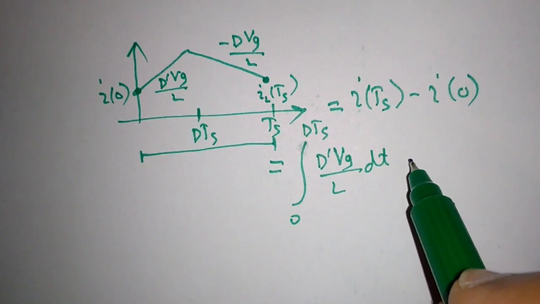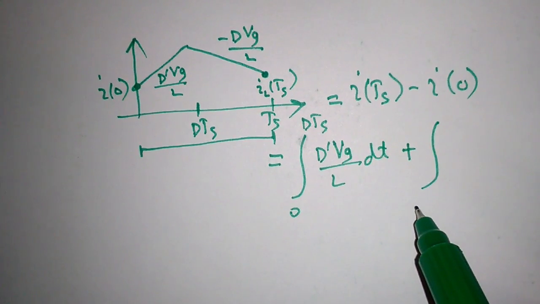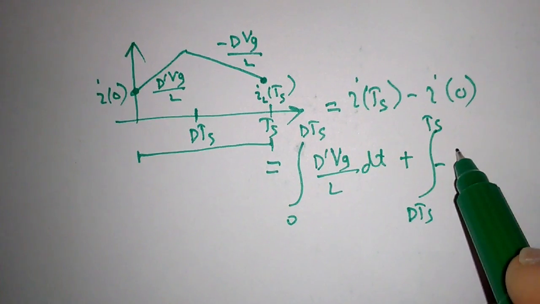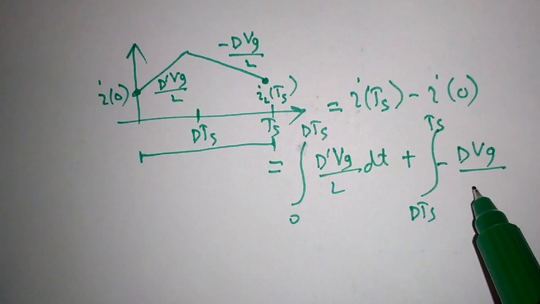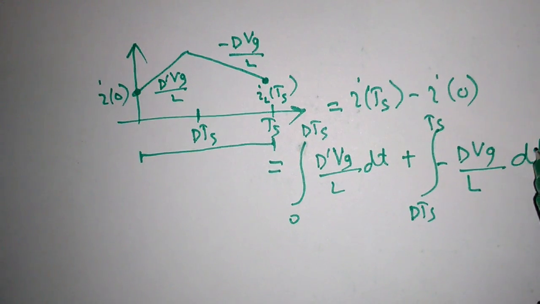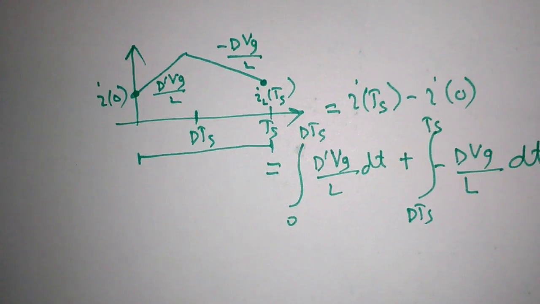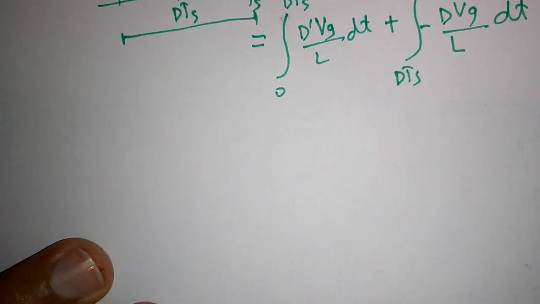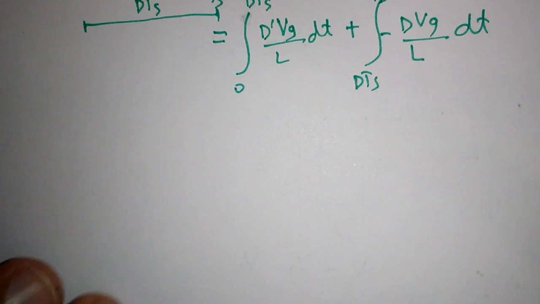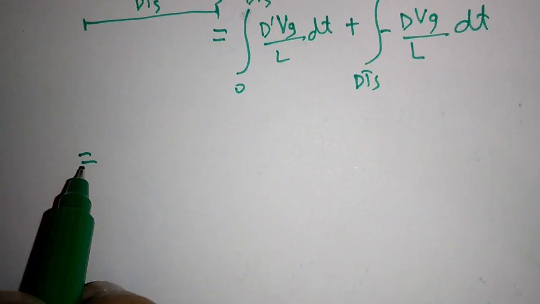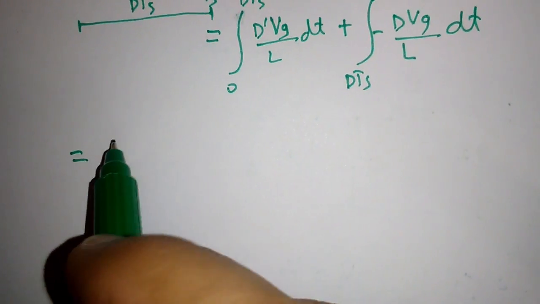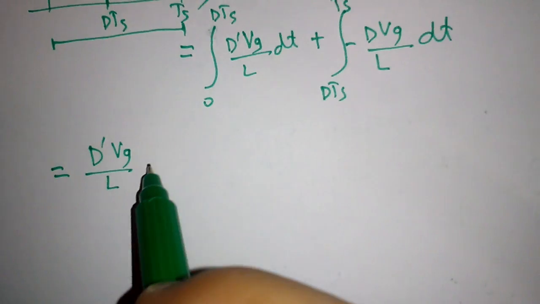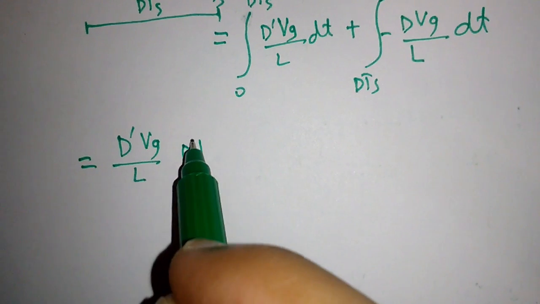and the integral from dTs to Ts of minus dVg over L dt, right? So after putting the values, we see that it comes out to be minus dVg over L times dTs.